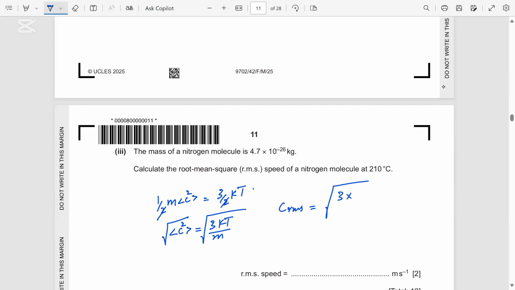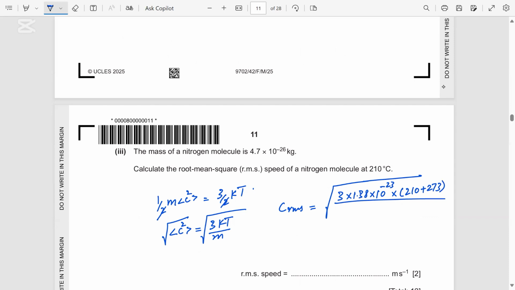So k is the Boltzmann constant, and that is 1.38 into 10 raised to power minus 23, times temperature. At 210, you have to convert that into Kelvin, so 210 plus 273, divided by the mass of a nitrogen molecule.